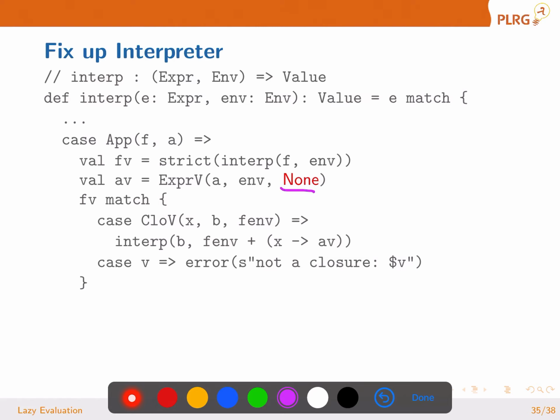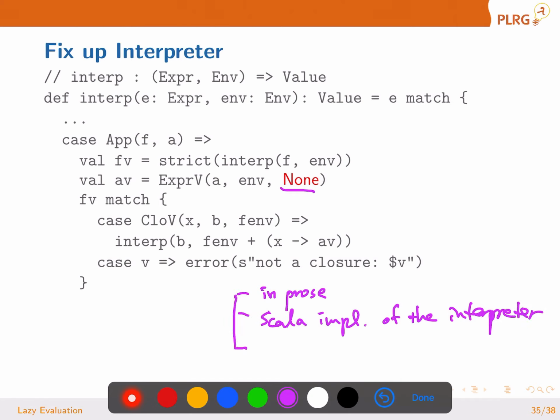Whenever we have a new language construct, we explain the semantics in prose, we explain the semantics with the Scala implementation of the interpreter, and then we write down the operational semantics.